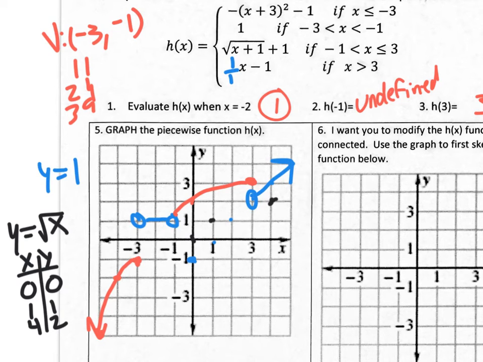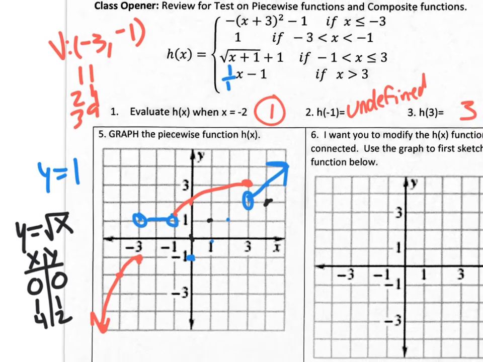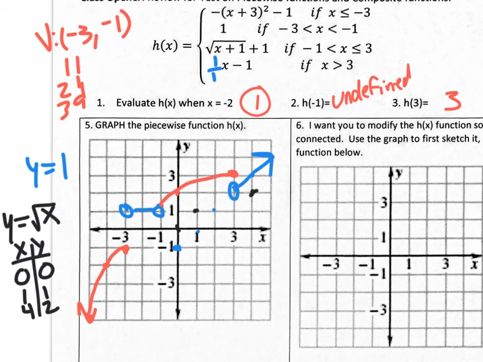Now, if you went to 0, you'd have your output being 2. If you went to 3, your output would be 3. If you went to 4, your output would be 3. If you went to 5, your output would be 4. So right here, when you input the -1, you get an output which is undefined because there's a big hole right there. Anyhow, let's move on to the more challenging piece of this.